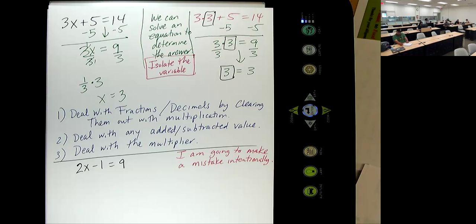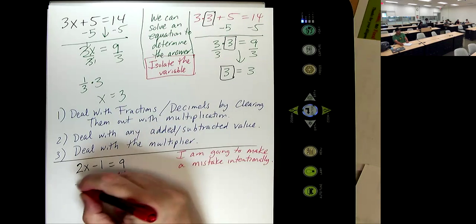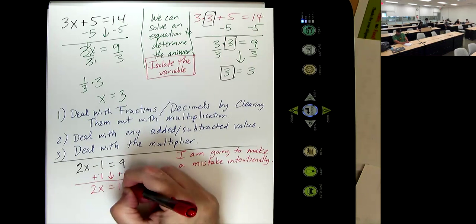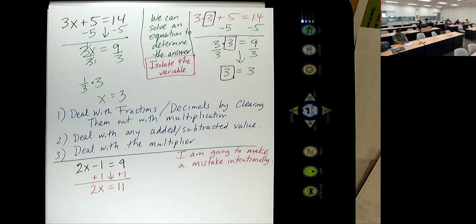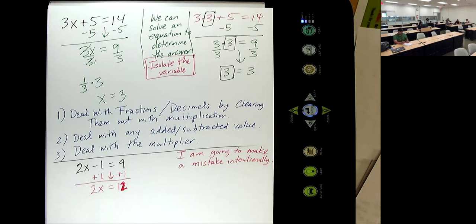And I'll do it right away. I will add 1 to both sides to get rid of the thing added to it, and I'm gonna say 2x equals 11. Now, hopefully you all recognize 9 plus 1 does not equal 11, that's the mistake. But there's a reason for this. Let's make this a little easier, let's make it 12. That's still a mistake, but it makes the next step a little bit easier.